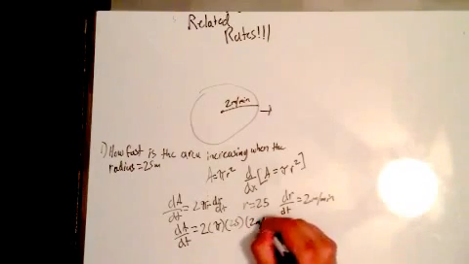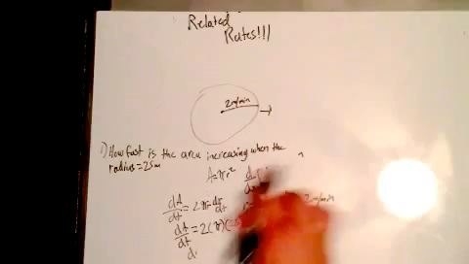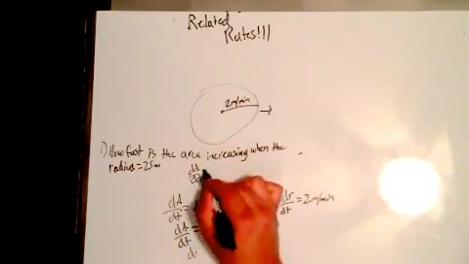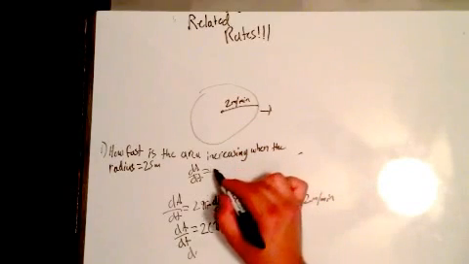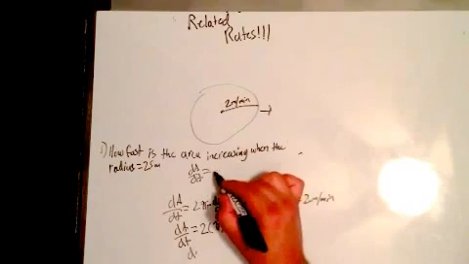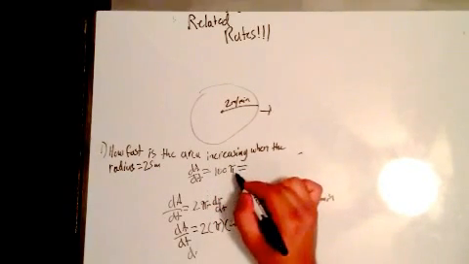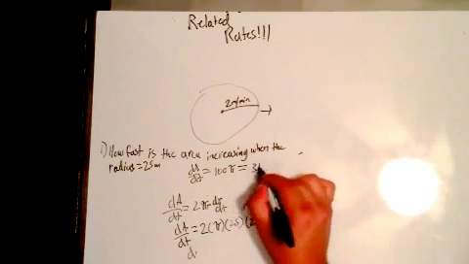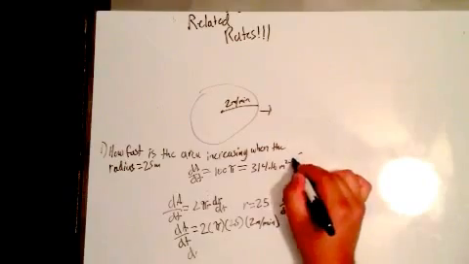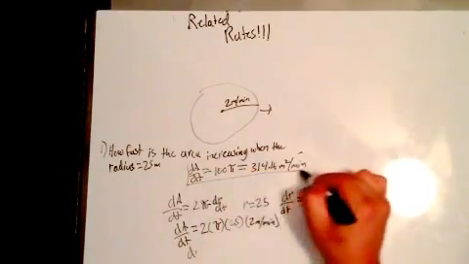So dA/dt is equal to 2 pi times 25 times 2. When we plug all that into our calculator, we get 100 pi, which is equal to 314.16 meters squared per minute. That's how fast the area is increasing.